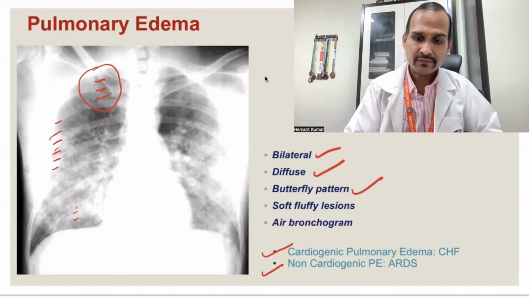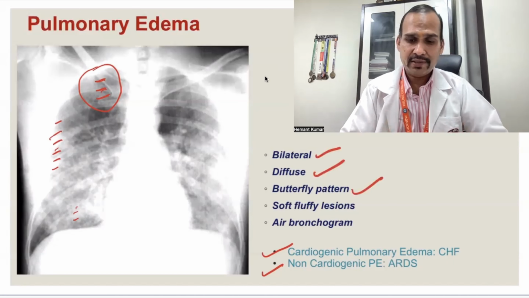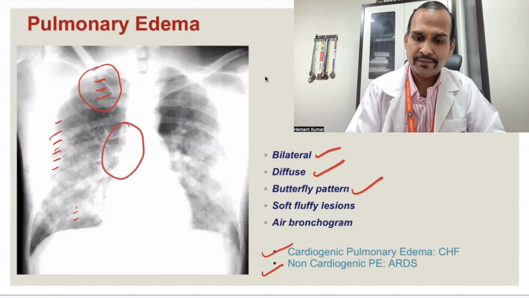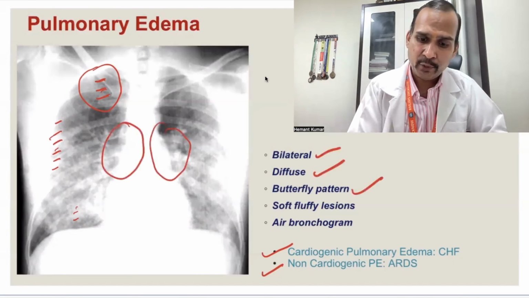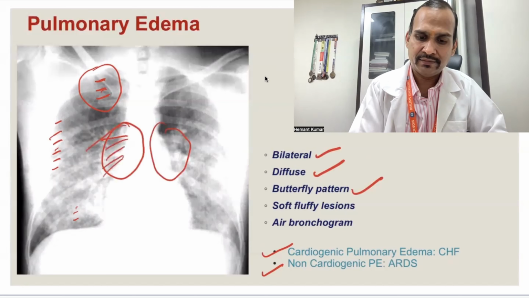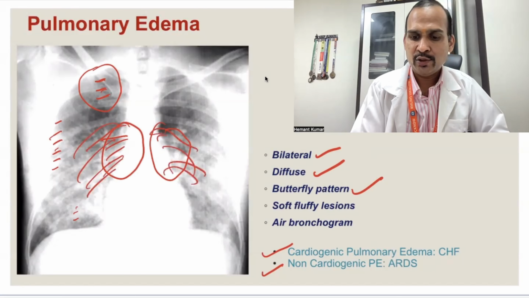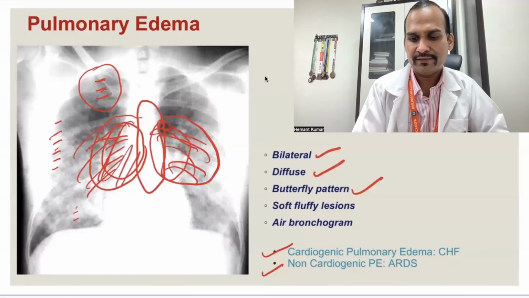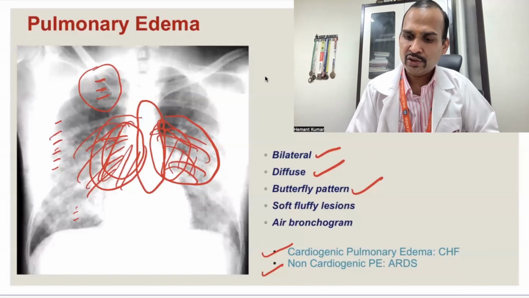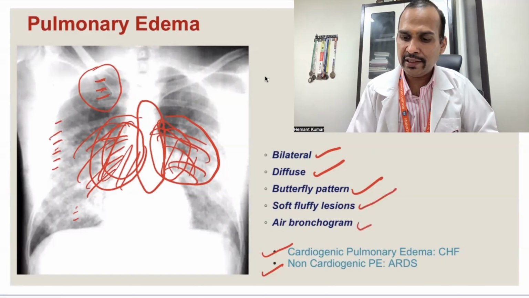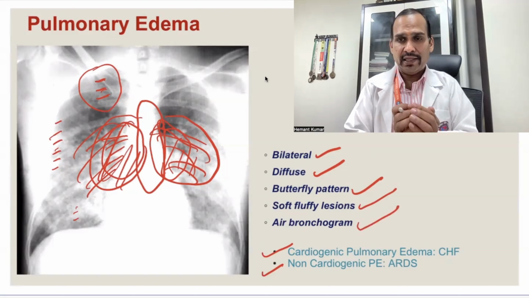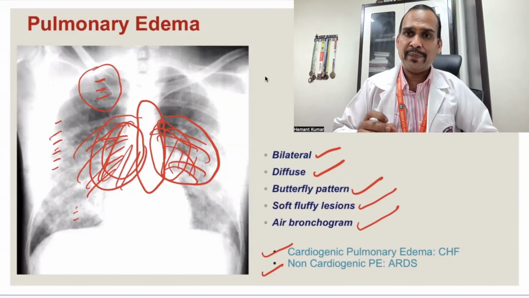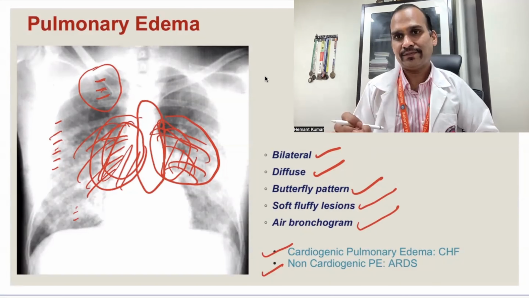Butterfly means the pulmonary veins come through the hilum, so whenever there is dilatation of pulmonary veins, the opacity will start from the hilum like this. So this is butterfly. Soft fluffy shadows and air bronchogram. As I told you, whenever there is filling of alveoli and the airways are patent, you can appreciate air bronchogram.